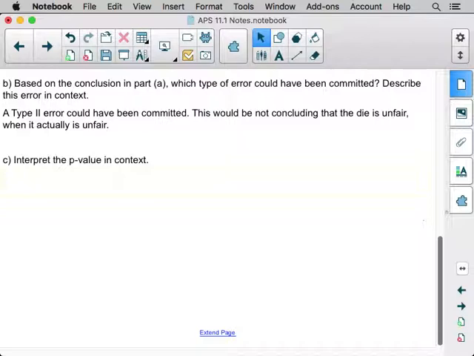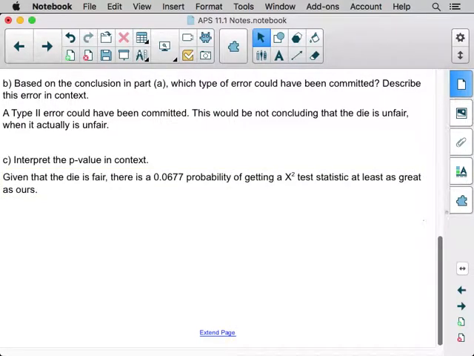Now in this case, I actually am not the biggest fan of the way that our book does this. They just kind of generically say of getting a chi-square test statistic at least as big as ours. That's just always their generic way of interpreting it, instead of diving in. So in this case, that's how they would discuss this. Okay, given the dice is fair, that's the probability of getting a chi-square test statistic at least as great as ours.